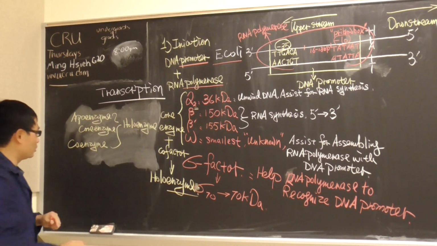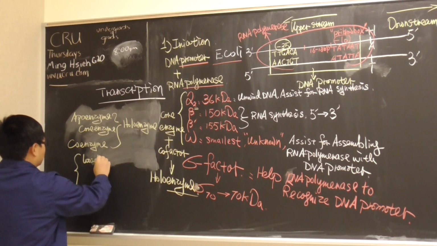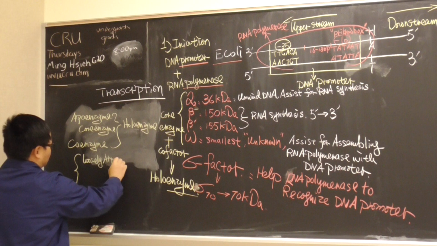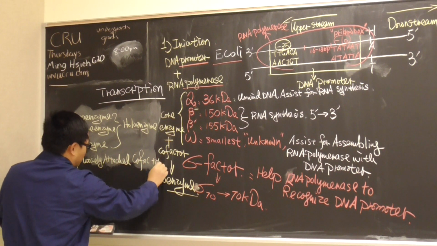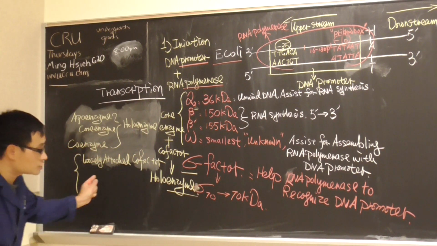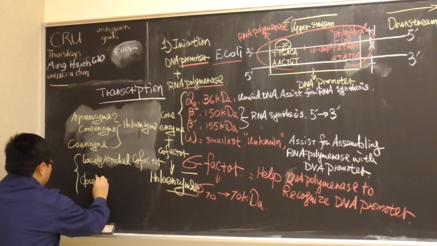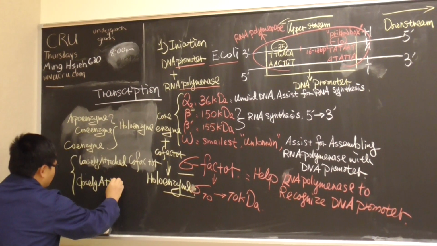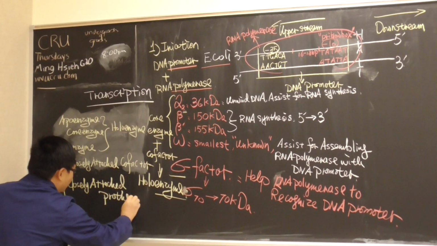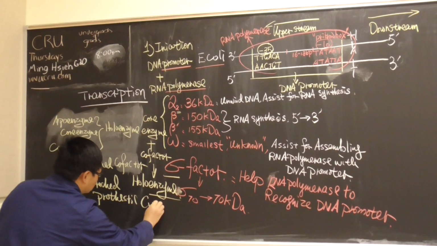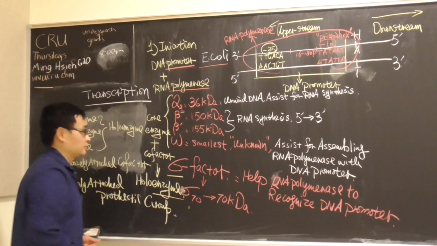Now the coenzyme also can separate into two. If it's loosely attached, we call it a cofactor, like sigma factor, because it's going to be moving. How about if it's closely attached? When it's more stuck there, this is called a prosthetic group. Okay? So this is the sigma factor.